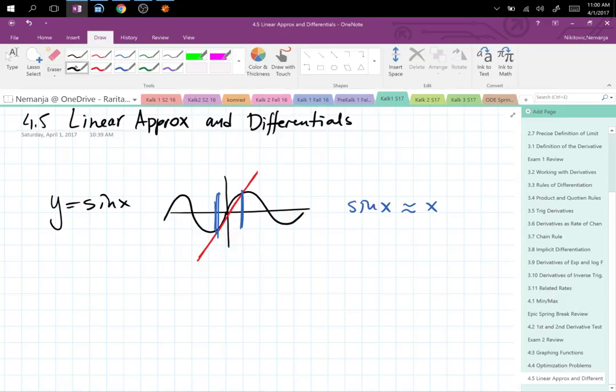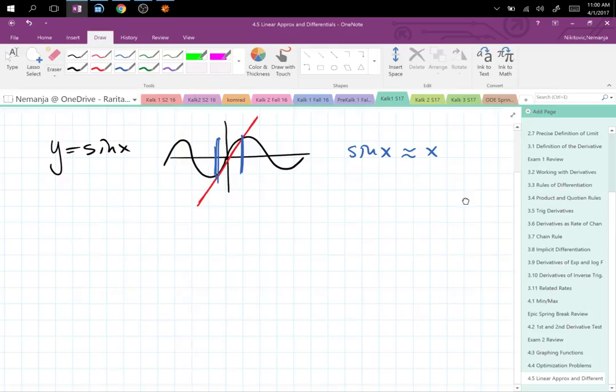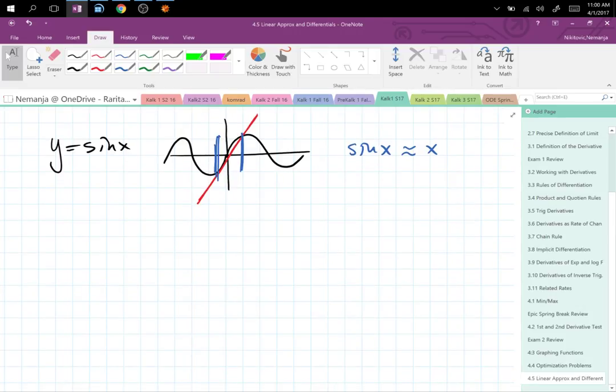So that's technically a use for this today, but it had a much larger and more important use a long time ago when calculators did not exist. And that is to actually find values for, as I said, ln 2, ln 3, ln 4, square root of 16.3, and so on.